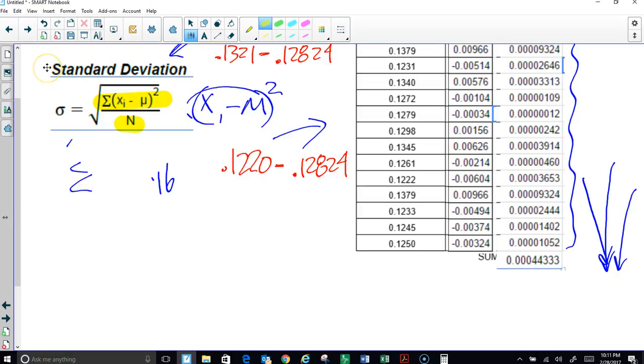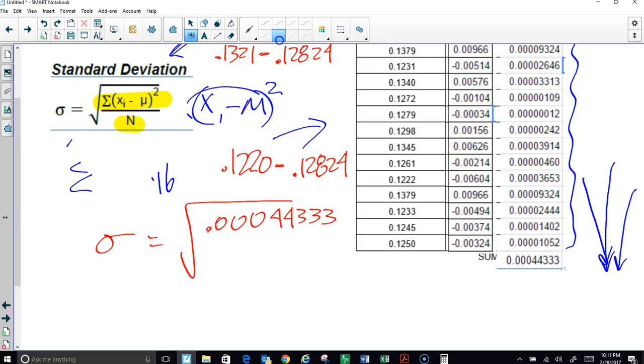So my standard deviation, sigma, that's the lowercase Greek letter sigma, looks like a 9 that's fallen over, is equal to the square root of 0.00044333, as many decimal places as I can take, divided by the number of numbers, which is 16.